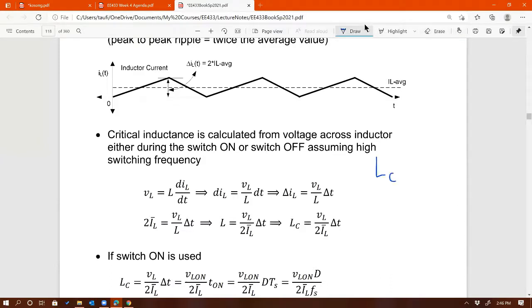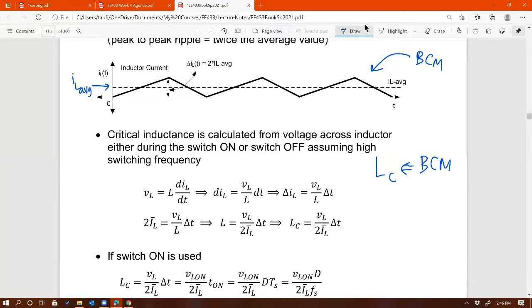Remember that critical inductance is defined from BCM, right? And here's an example of BCM, boundary conduction mode. In BCM, we have a unique situation where the average value of the current, we have a fluctuating current, but if we take the average of that current, that average is actually half of the peak to peak, right?